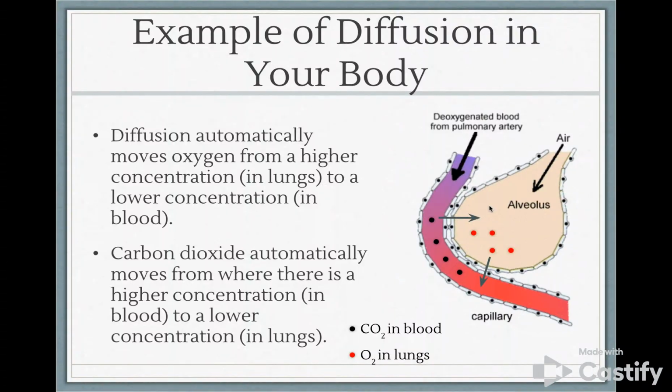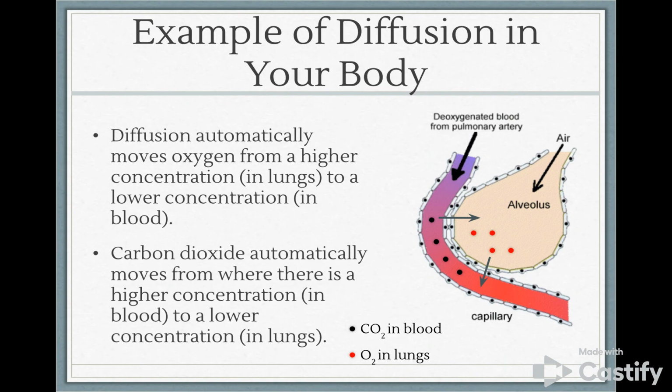And at the same time, all of this fresh air in your lungs has a lot of oxygen in it. And because your blood is passing by with very little oxygen, the oxygen will move from where there's a lot to where there's not. So as your blood flows past your lungs, automatically CO2 will hop off and oxygen will hop into your blood. So that's how that oxygen and carbon dioxide exchange happens in your lungs.